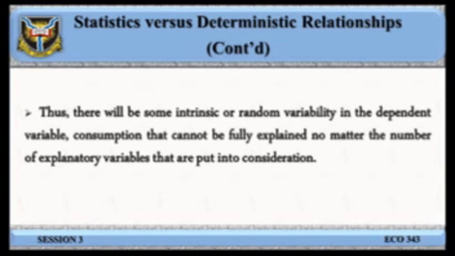Thus, there will be some intrinsic or random variability in the dependent variable, consumption, that cannot be fully explained, no matter the number of explanatory variables that are put into consideration.